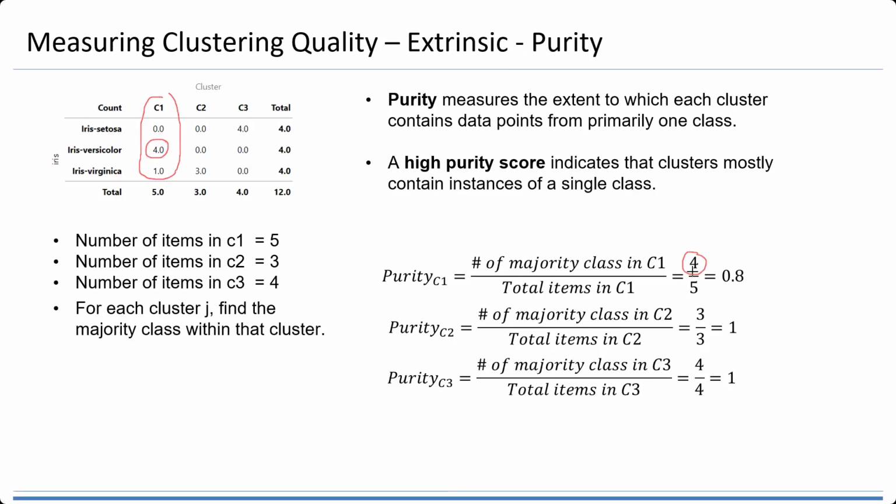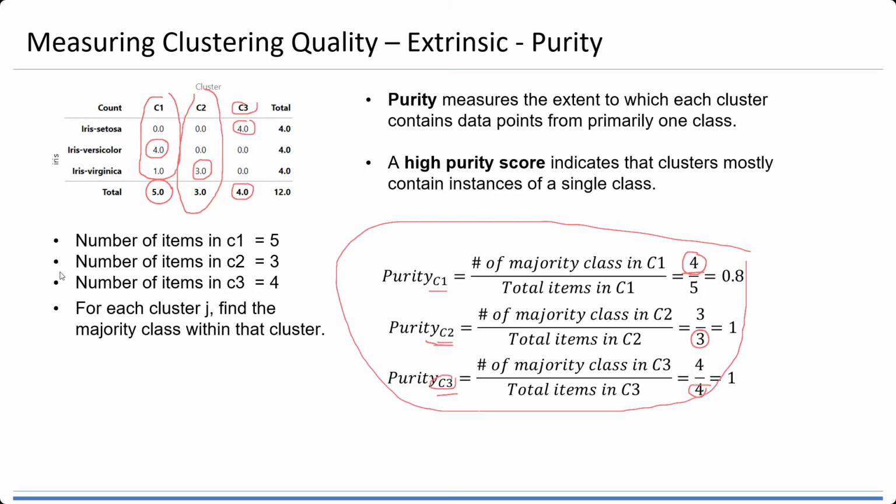So we use this 4 and divide by the total items in C1. For C2, the majority is 3, and we divide by 3. For C3, the majority is 4, so we divide by 4. So this is the purity for each cluster.